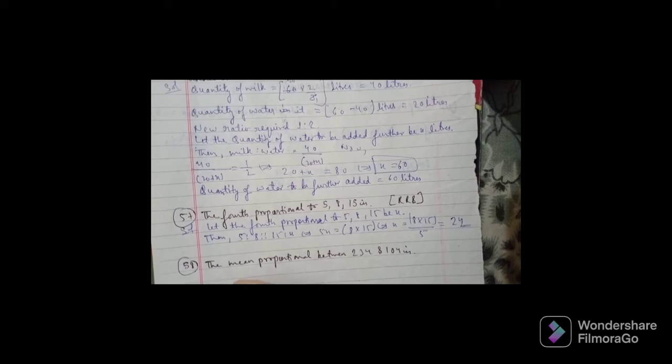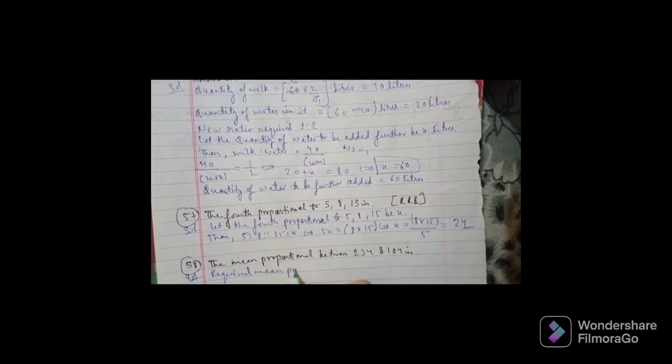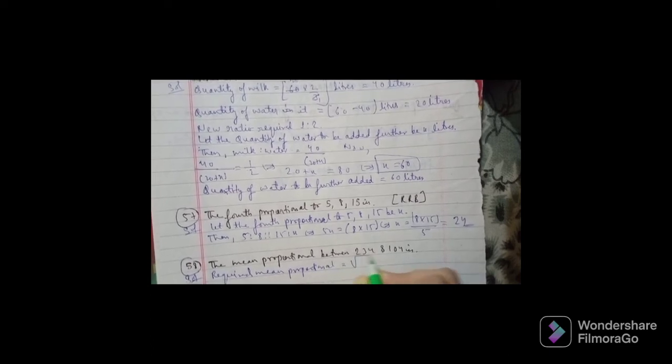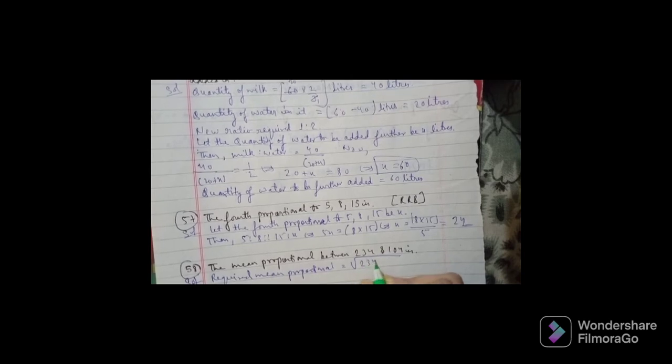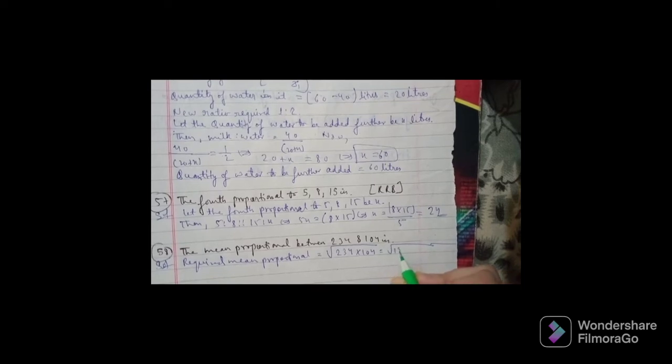Required mean proportional equals under root 234 into 104, which equals 13 into 9 into 2 into 13 into 8.